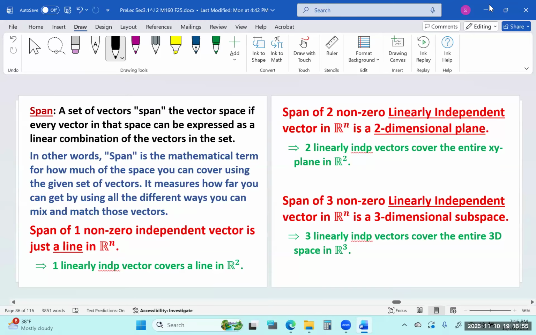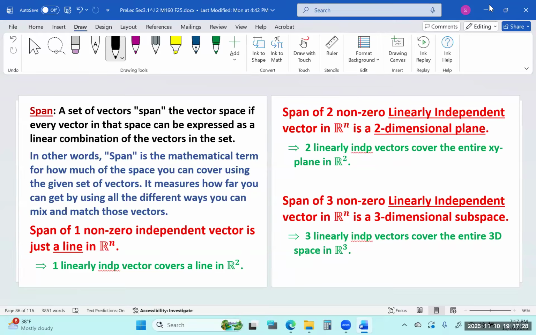If you have two non-zero vectors in your vector space, it doesn't matter which vector space you are in, the two independent vectors cover a plane, a two-dimensional plane. It means if you're in the XY plane, it covers the entire XY plane, if you have two non-zero linearly independent vectors.